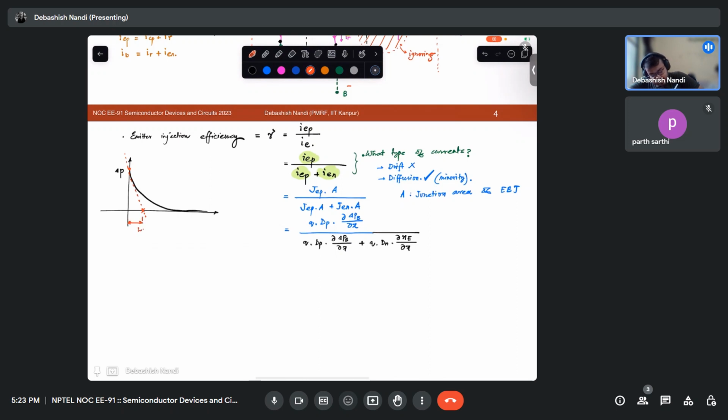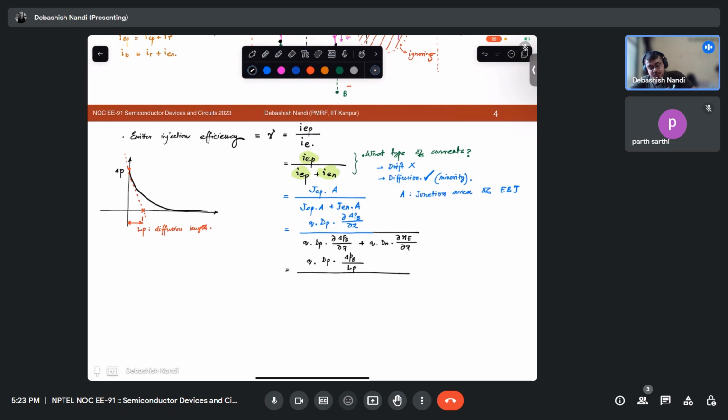This length is nothing but L_P, or what we call the diffusion length, right? This we have discussed in the last lecture also. So you can approximate this to be q D_P times your del P_B over L_P.